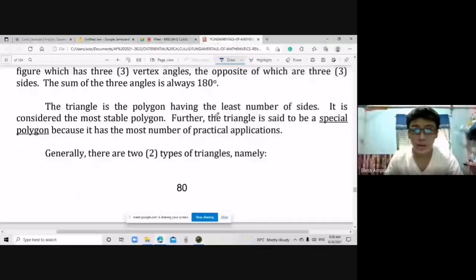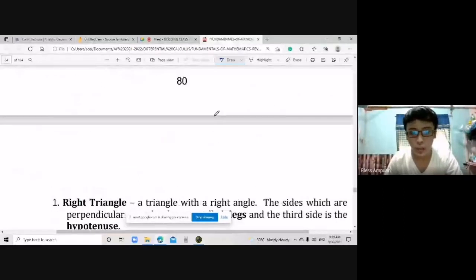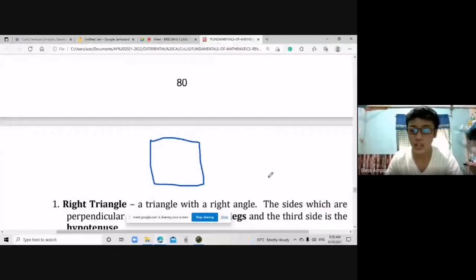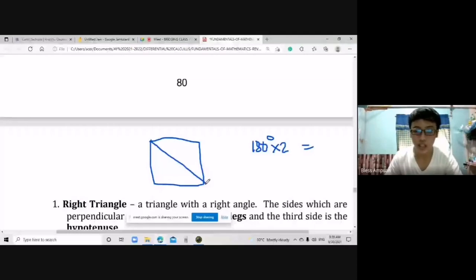But if you have a square, automatically this is equal to 180 times 2 degrees. 180 degrees times 2. Why? Because if we divide this square or rectangle into 2, we can have 2 triangles.